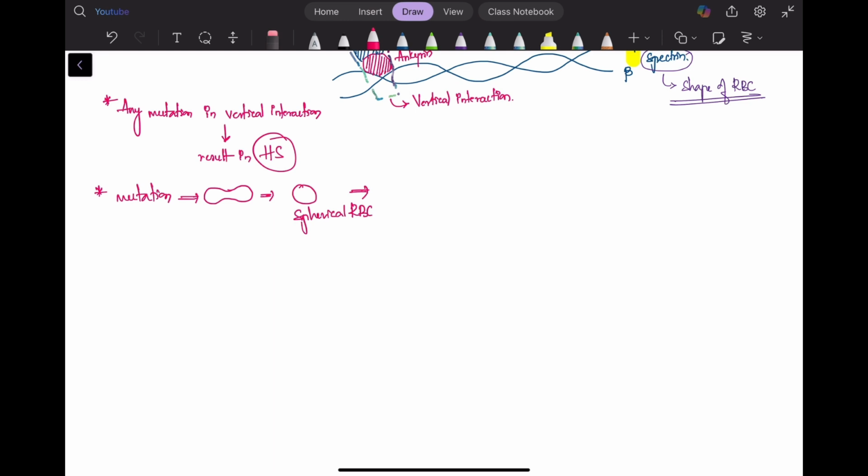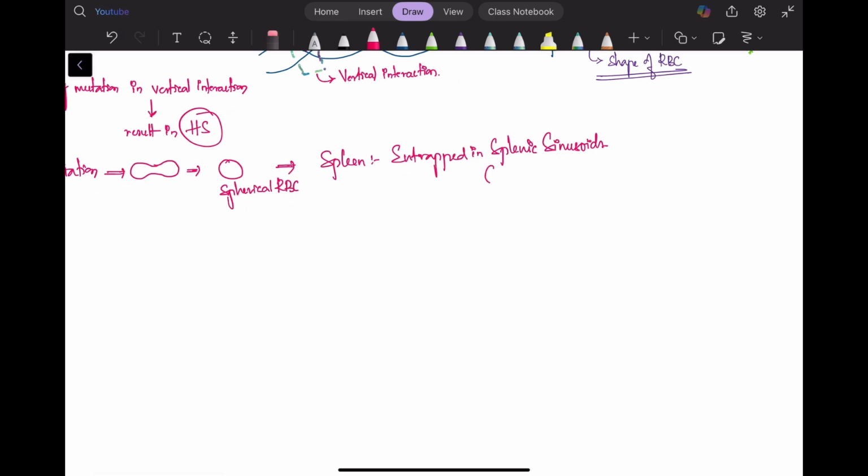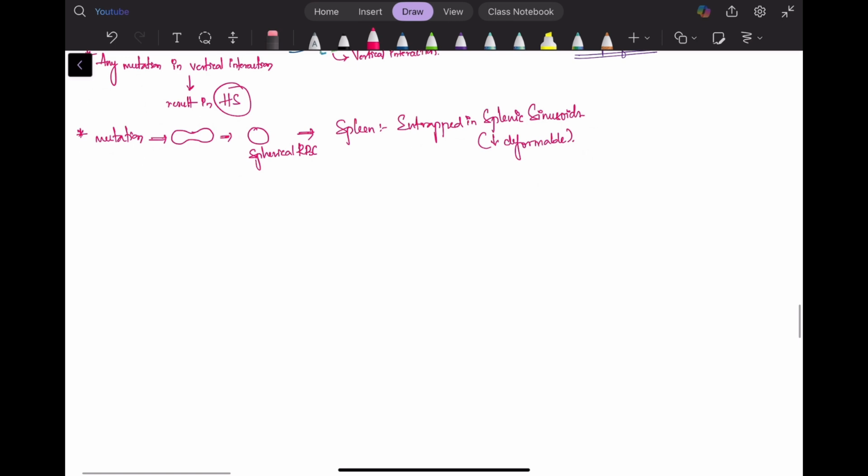Your spleen. The spherical RBCs are entrapped in splenic sinusoids due to deformity.